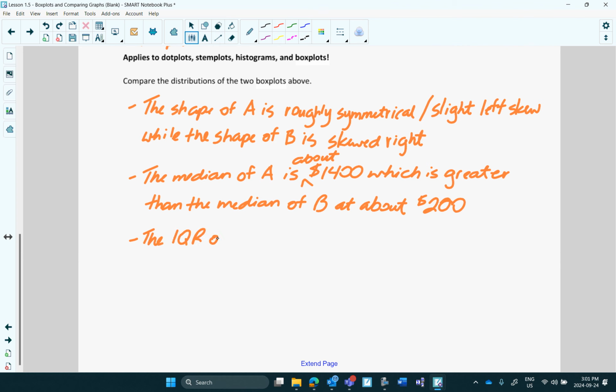The IQR of A is about, what would we say if we look at that?